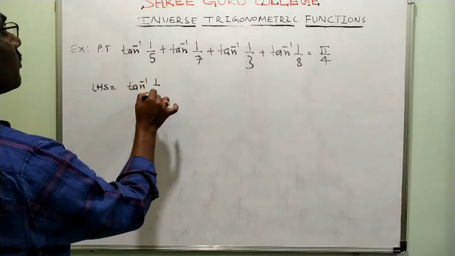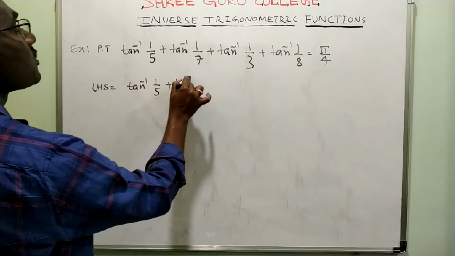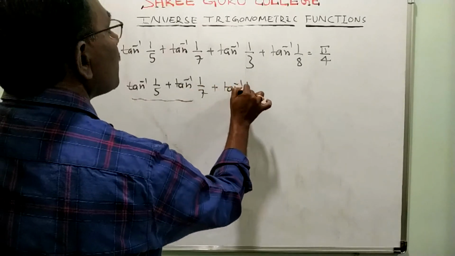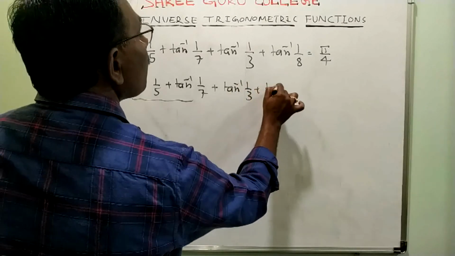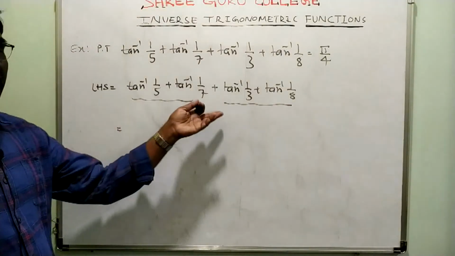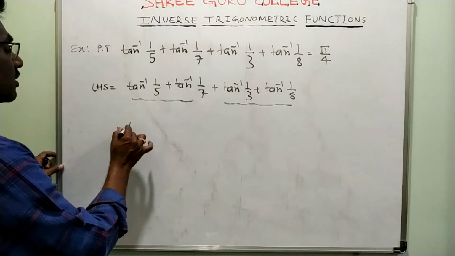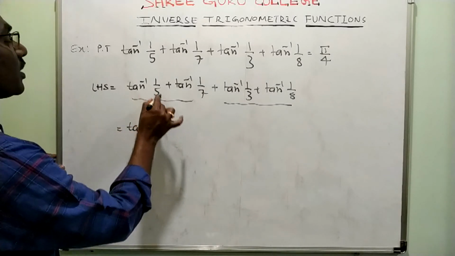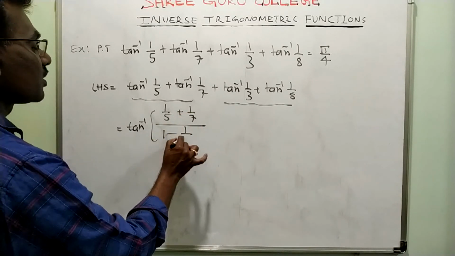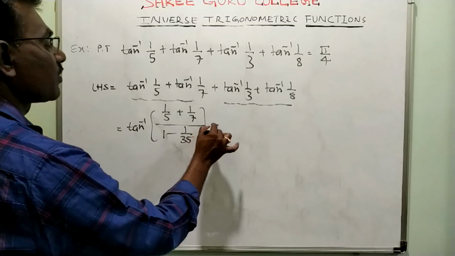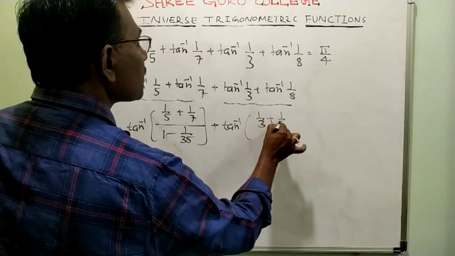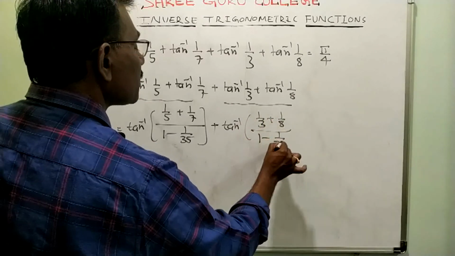Tan inverse of 1 by 5 plus tan inverse of 1 by 7. Consider the first two as the first group, and tan inverse of 1 by 3 plus tan inverse of 1 by 8 as the second group. Same x plus y by 1 minus xy: tan inverse of 1 by 5 plus 1 by 7 over 1 minus 1 by 35, plus tan inverse of 1 by 3 plus 1 by 8 over 1 minus 1 by 24.